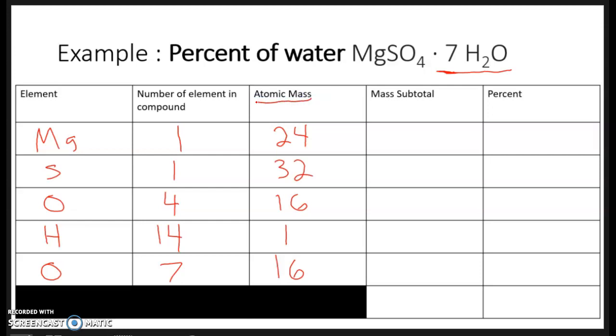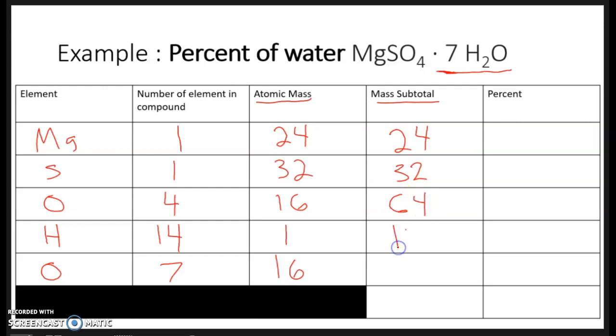Now, the mass subtotal, this next column, is essentially where I multiply the first 2 columns. There's 1 magnesium atom, so the subtotal for magnesium is 24. 1 times 24 is 24. Same thing for the sulfur atom. The subtotal there is 32. Now for the oxygen, there are 4 oxygen atoms, so my subtotal is going to be 64.